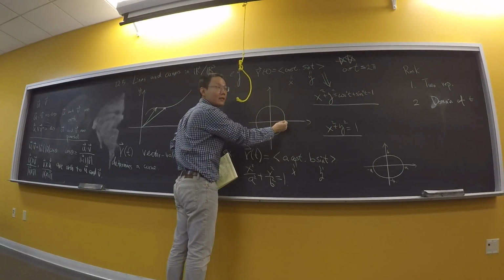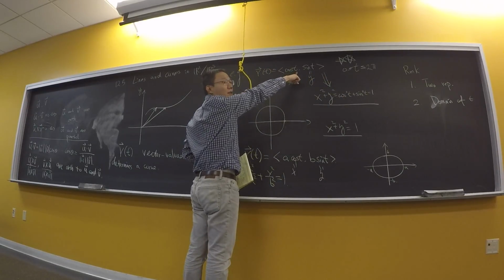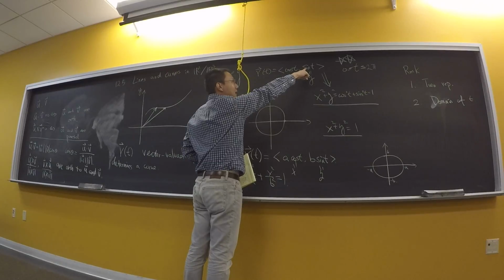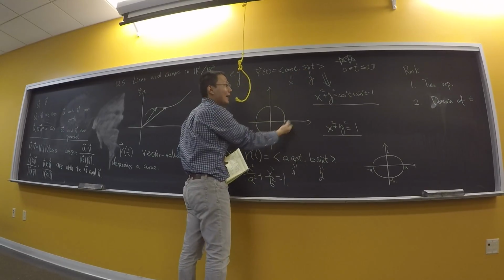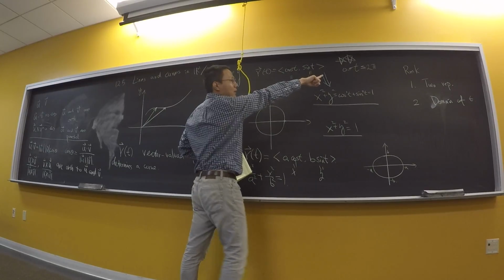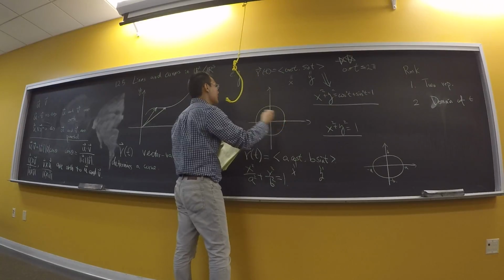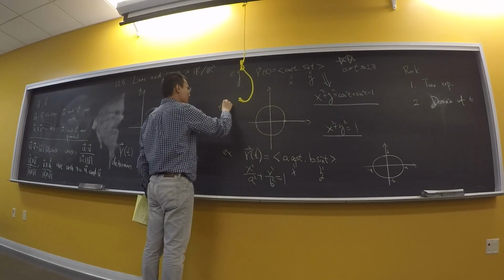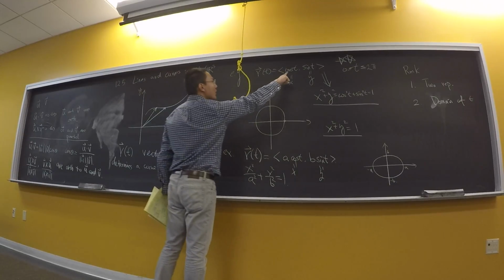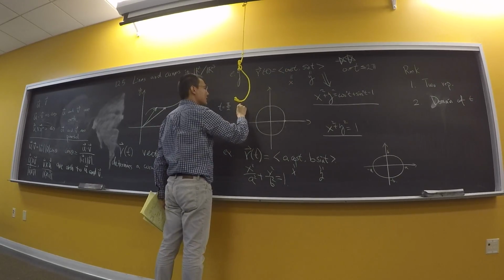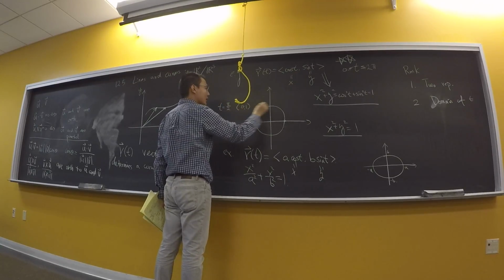If I let t equal 2 pi, cosine 2 pi equals 1, sine 2 pi equals 0 as well, so I'm at this point as well. Any t between 0 and 2 pi, I'm actually on the curve. For instance, if I let t equal pi over 2, cosine equals 0 and sine equals 1, so I'm at this point.